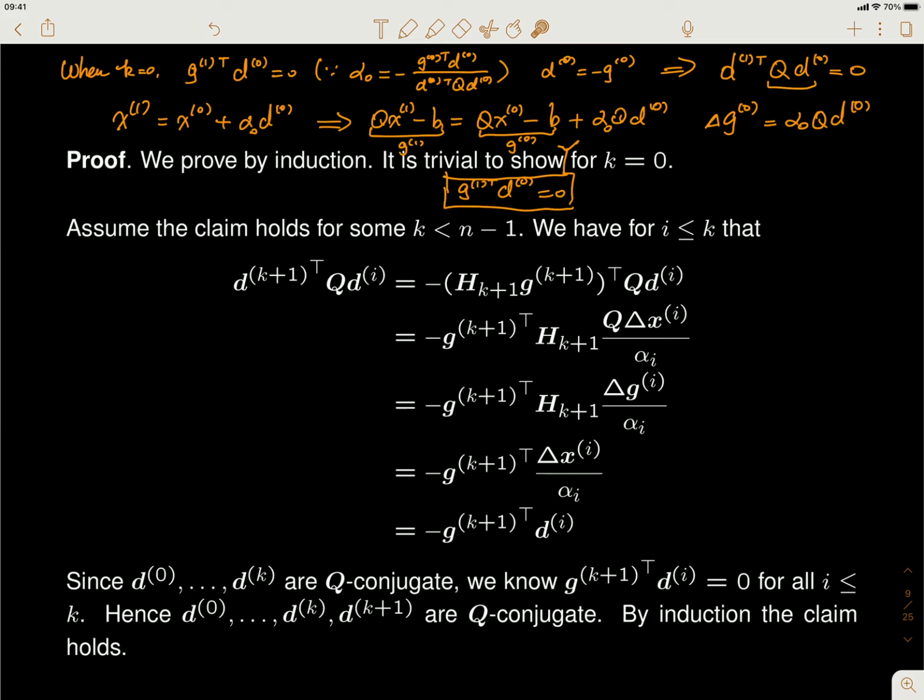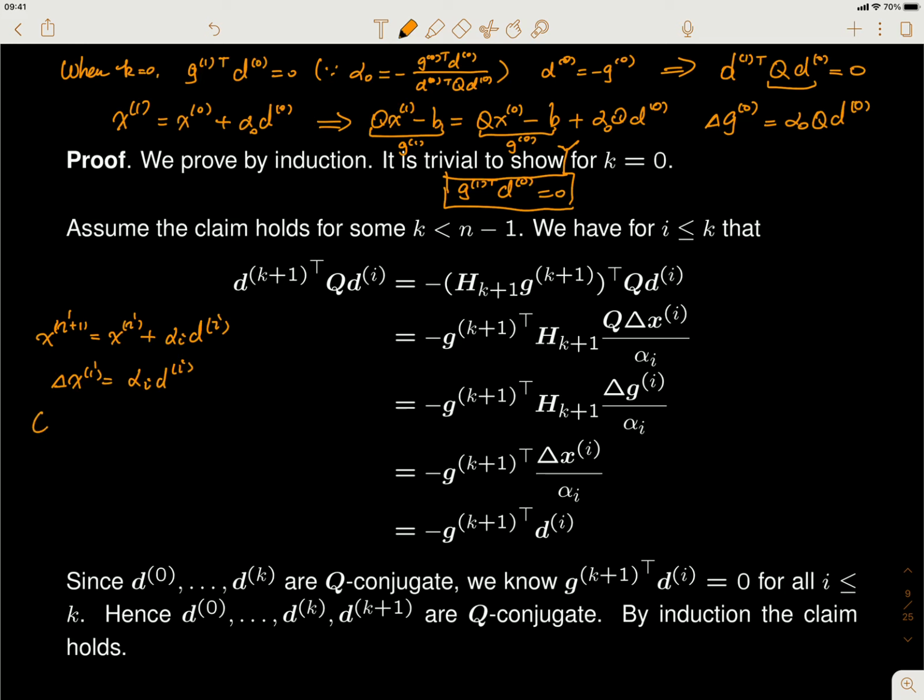And then the Q DI. The Q DI is equal to a similar thing as we showed earlier. X(I+1) was obtained by XI plus alpha I DI. Right? So when I multiply Q on both sides, or I first move this XI to the left, I will get delta XI equals alpha I DI.